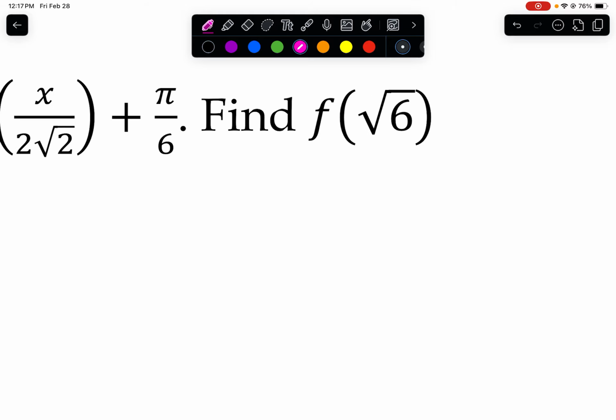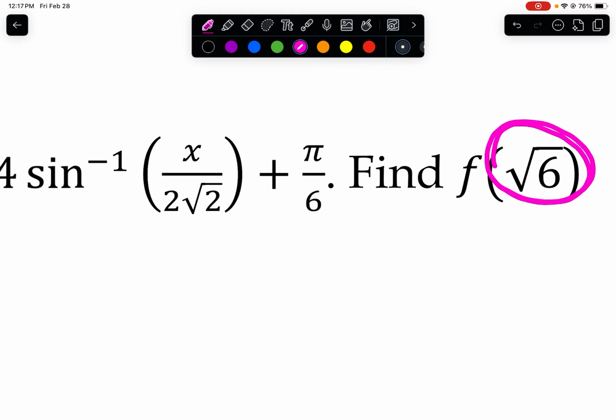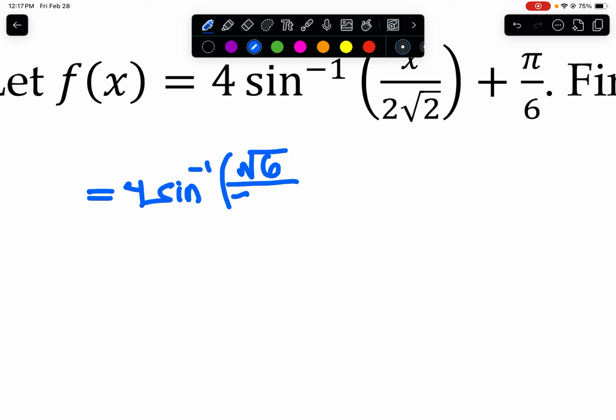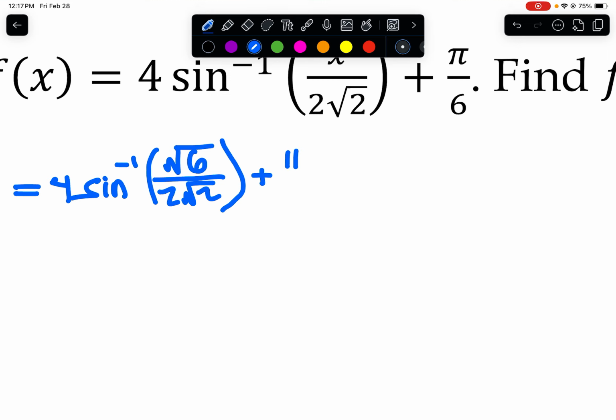So this just means that we're going to plug in the square root of 6 for the x value, and we're going to evaluate. So when we get here, we're going to have 4 inverse sine root 6 over 2 root 2 plus pi over 6.